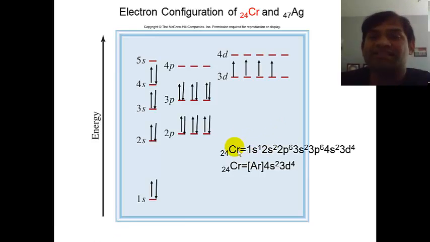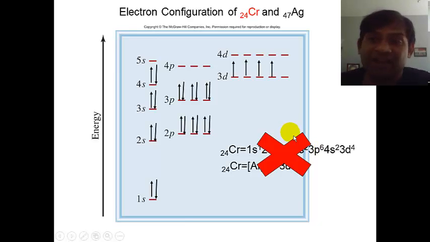It's going to be 1s2, 2s2, 2p6, 3s2, 3p6, 4s2, 3d4. So is the electron configuration 4s2, 3d4, realizing that argon is the electron configuration from 1s2 all the way to 3p6? And that's not correct.